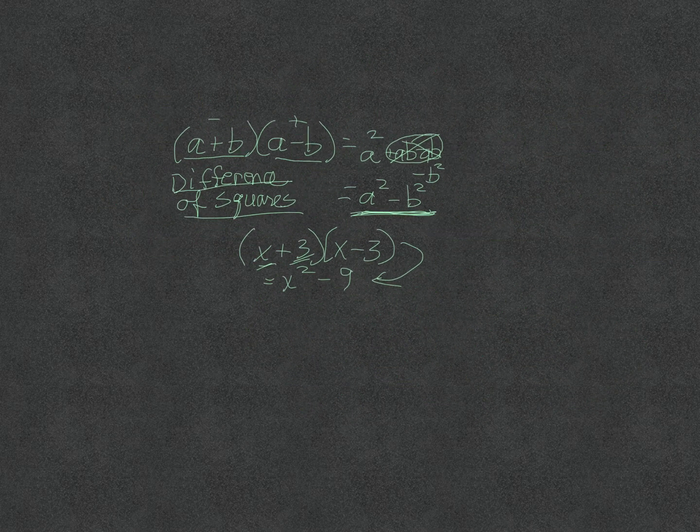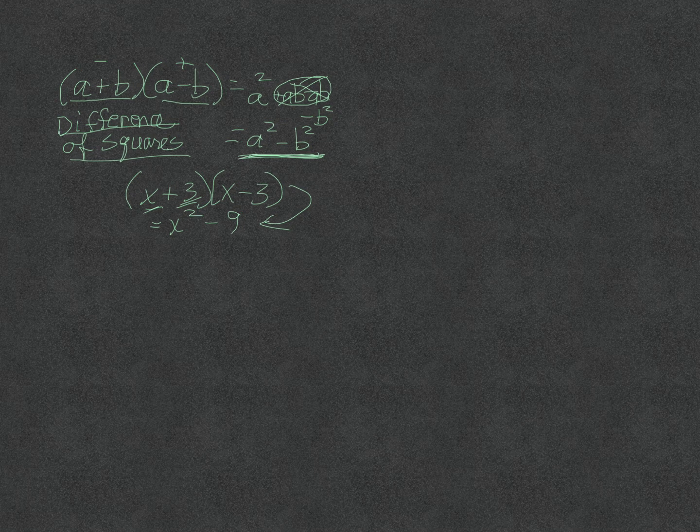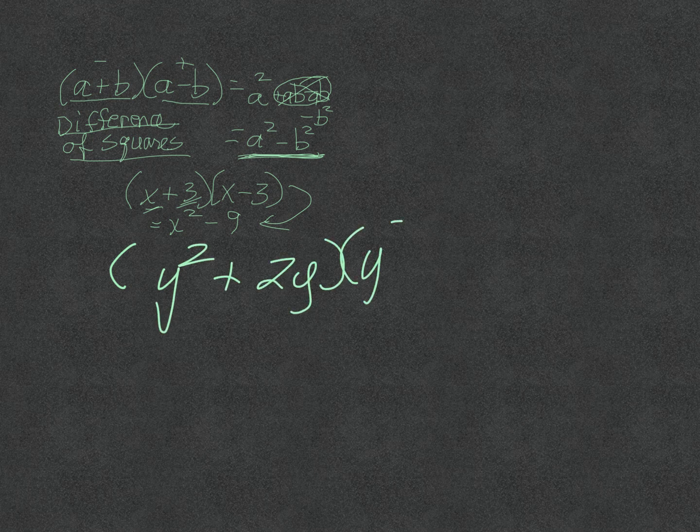Let's show you a couple more quickies, just for how it can be different. You could have something like y squared plus 2y times y squared minus 2y. And you go, oh, that's a plus b, a minus b.